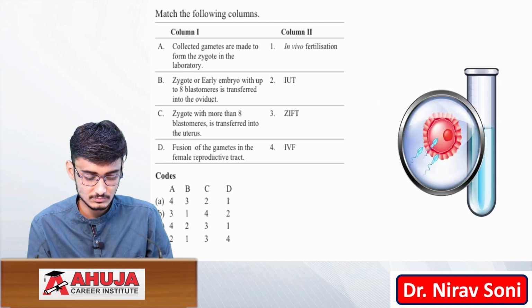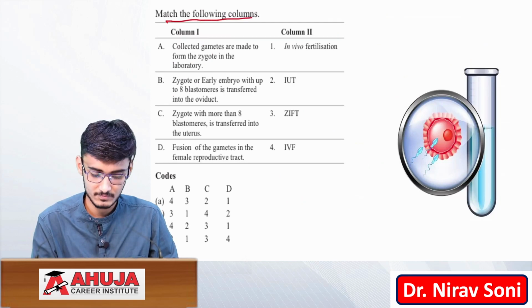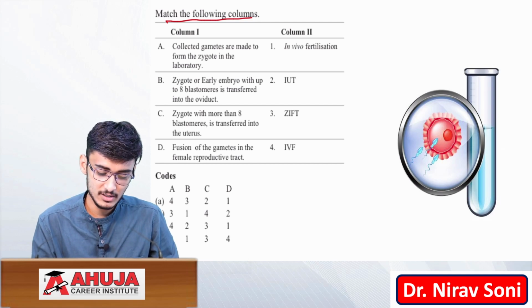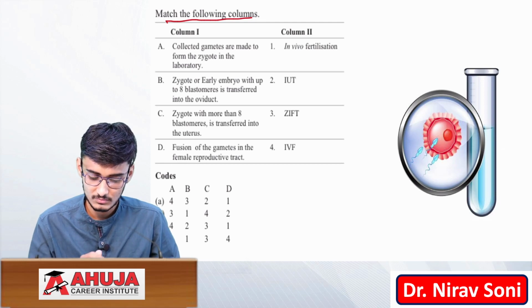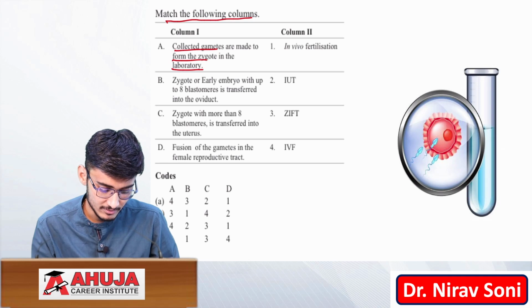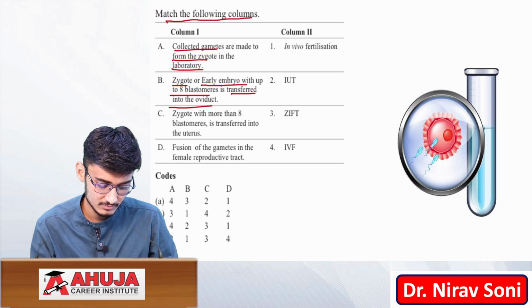Next, match the following columns. Options A, B, C, D, and find the correct option 1, 2, 3, 4. Collected gametes are made into the zygote in the laboratory. Zygote and early embryo with 8 blastomeres are transferred into the oviduct.